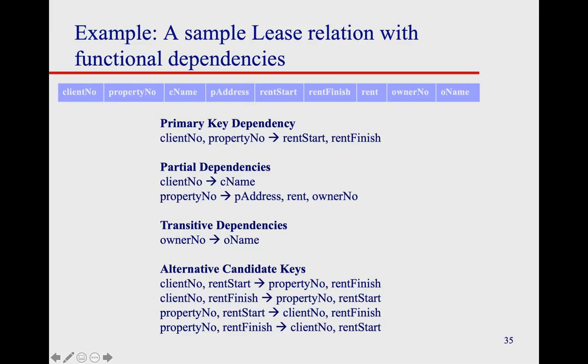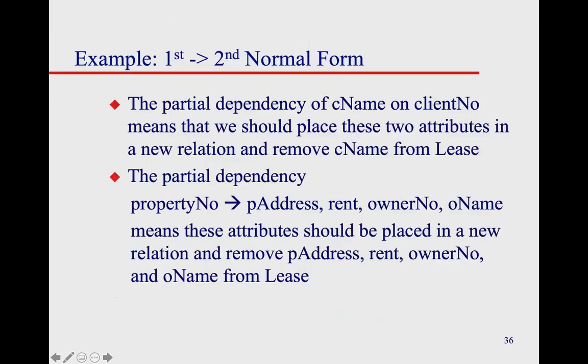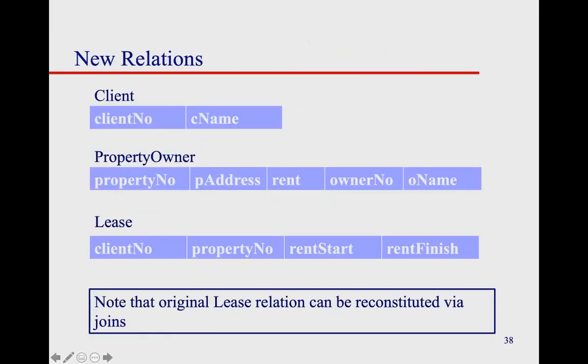And the primary key also included those 4 attributes. So this primary key dependency and these alternate candidate keys, those dependencies are all preserved in this final lease relation.